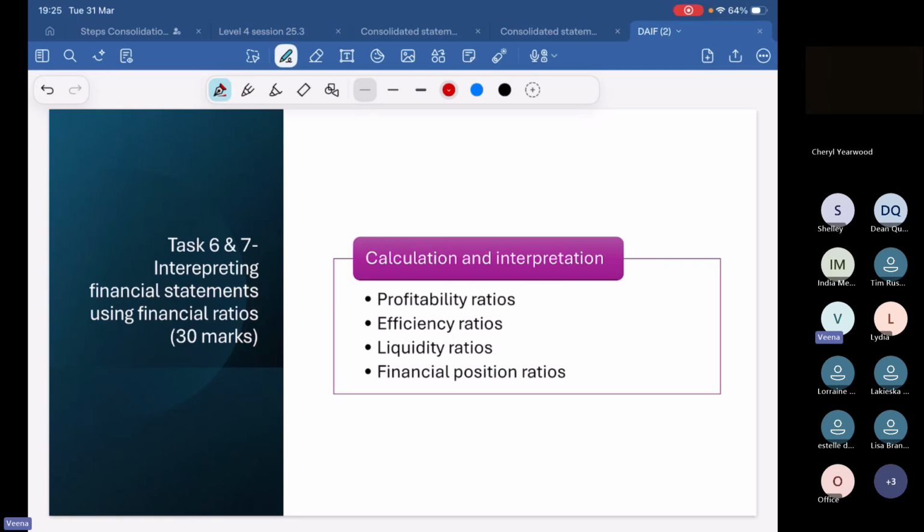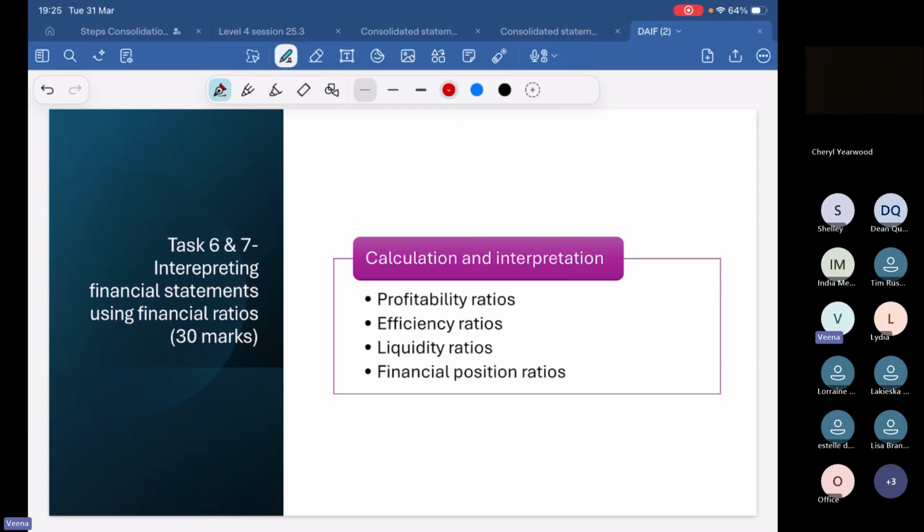What is the meaning of how liquid the company is? Do they have enough money? How is their working capital? Do they have enough money to pay their creditors? That is all covered under liquidity ratios. Financial position ratios are the ratios derived from the numbers in the statement of financial position.